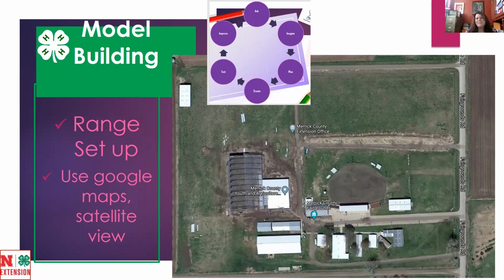Yeah, we were talking about this, and as the youth move through the engineering process and go from the ask to the imagine to the plan to the create to the test, when they get to the improve, you could say, okay, if COVID restrictions are on us, where do we place the stand spots so that they can stay 6 feet away from each other?